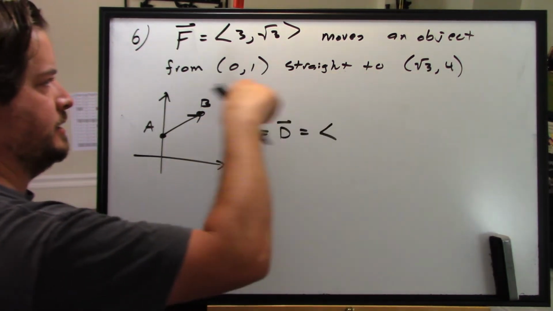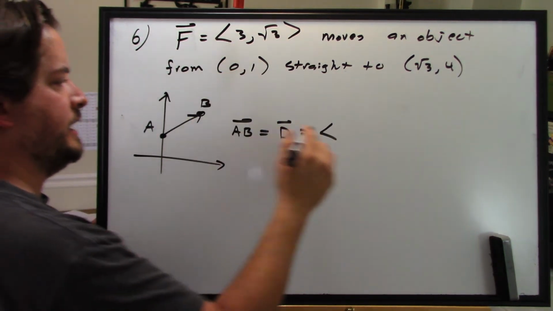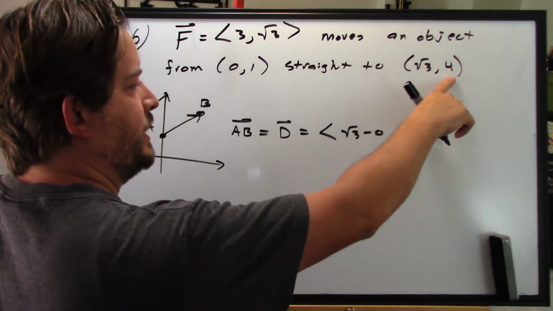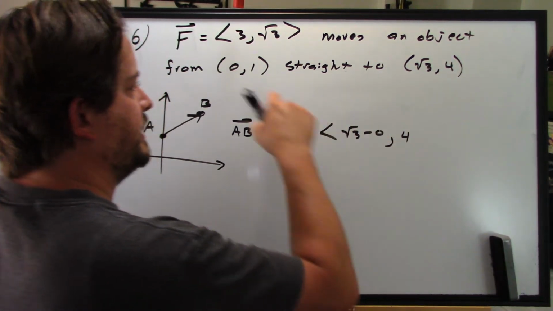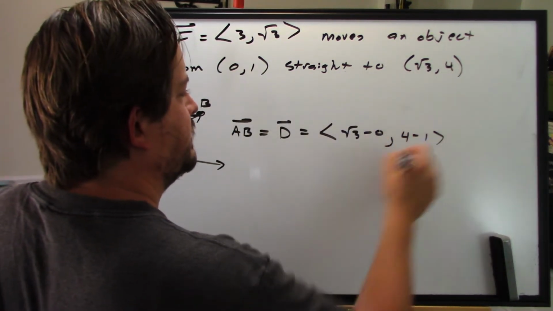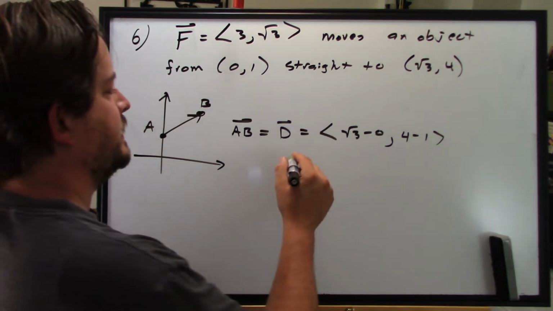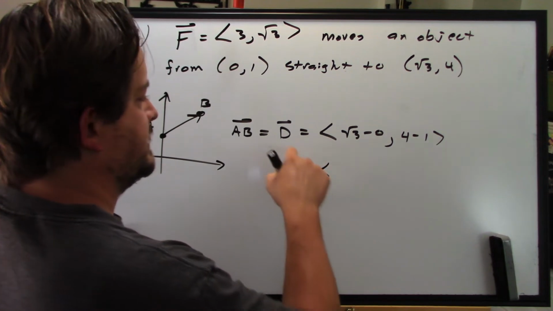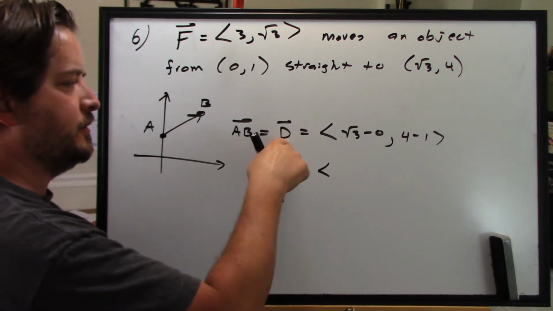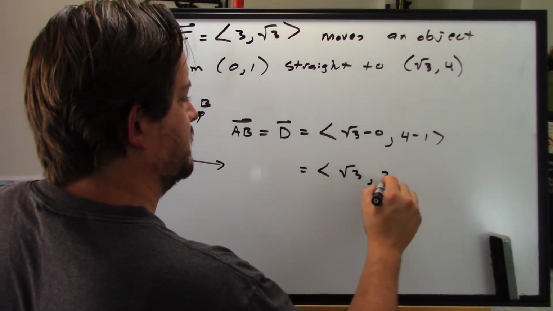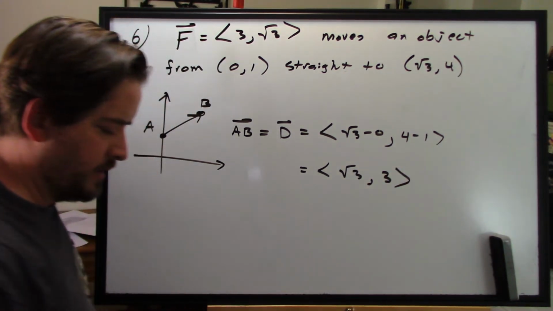So root 3 minus the x component of the beginning, so that's root 3 minus 0, comma, the y component of the end point minus the y component of the initial point, right? It's the same way that we found vectors initially. Okay? So that is to say that my distance, my movement of this is root 3, comma 3. That's the movement as a vector.